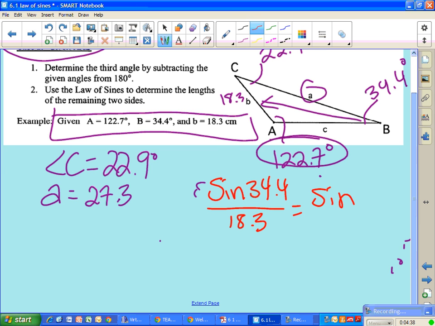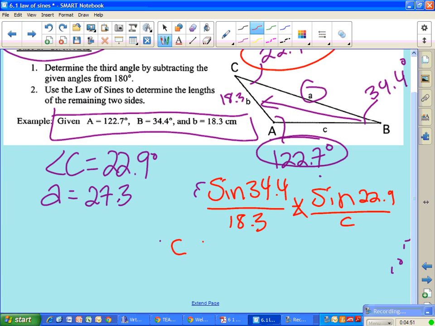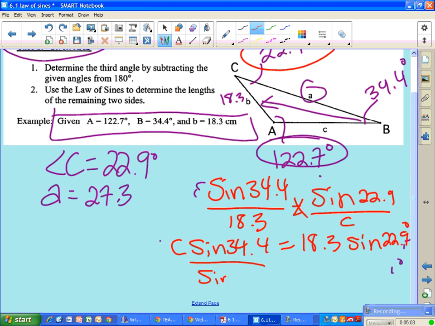Now I'm looking for side length c, so I have to use angle C, so sine of 22.9 over side length c. Now I cross multiply. So I have c times sine of 34.4 equals 18.3 sine 22.9. Last thing we have to do, divide by sine of 34.4.